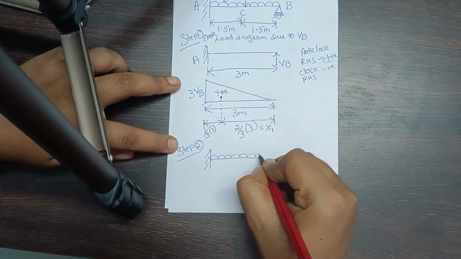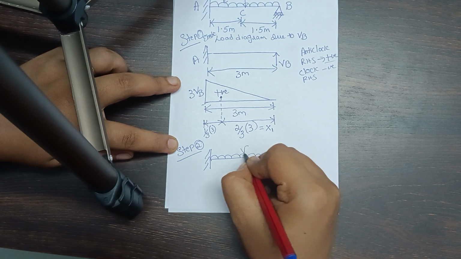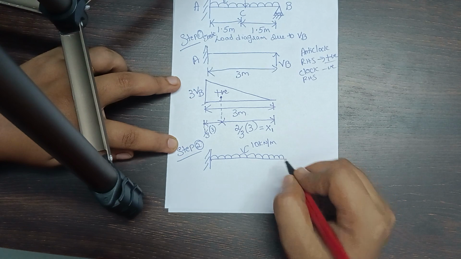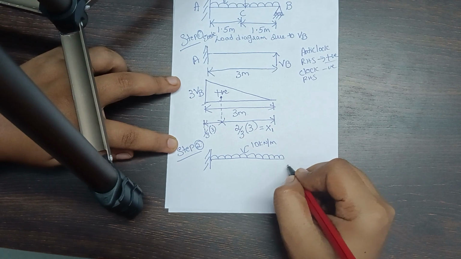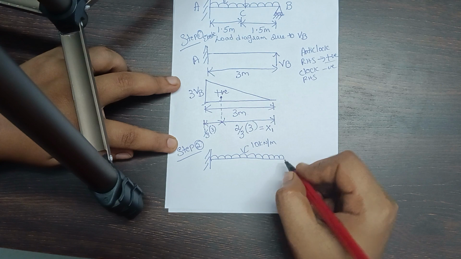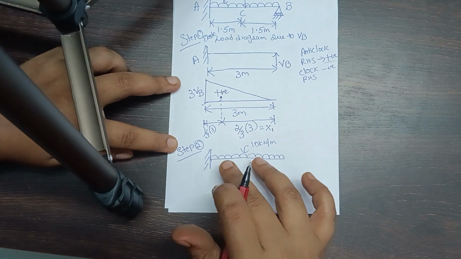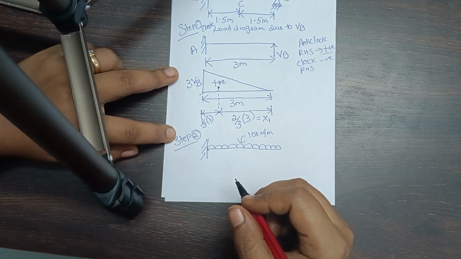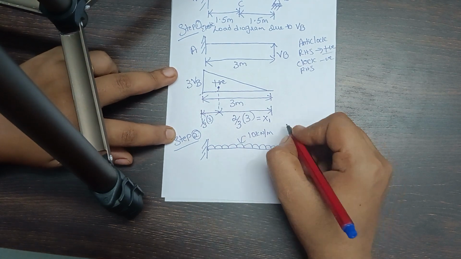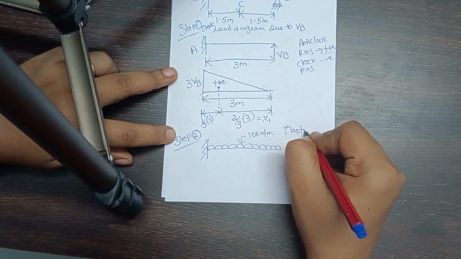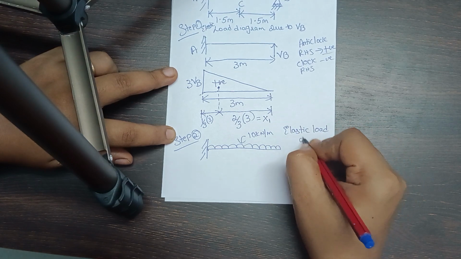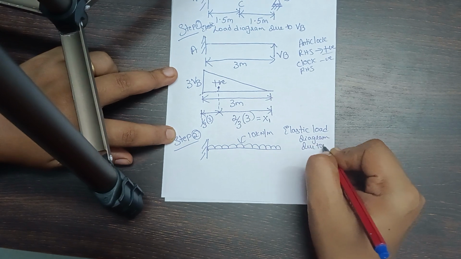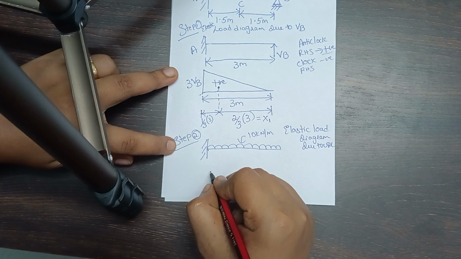Now the UDL I have considered is 10 kilonewton per meter. Don't be in a mindset that I have not considered the VB here, because I am concentrating only on the load condition, since I am representing the elastic load diagram due to UDL.